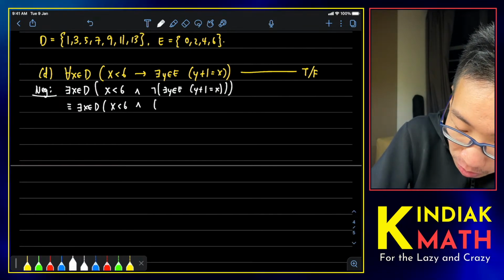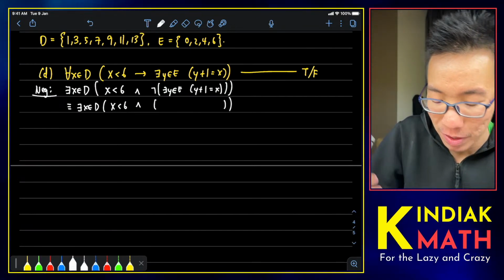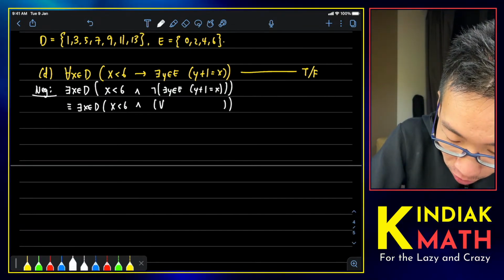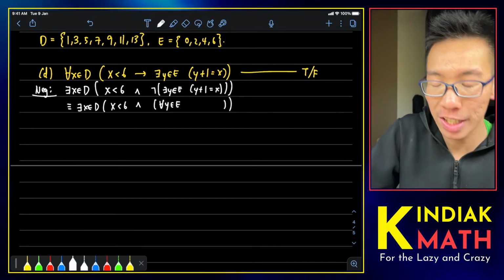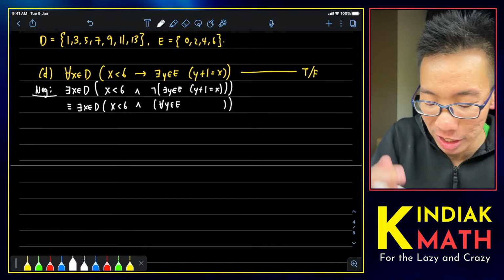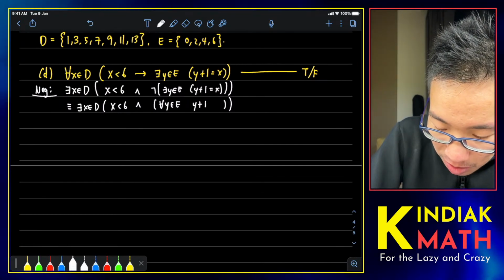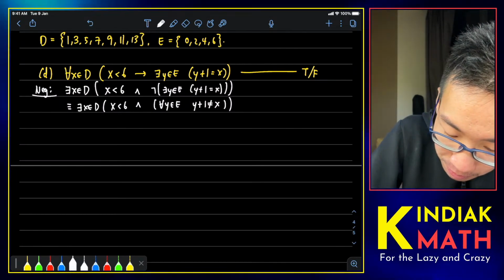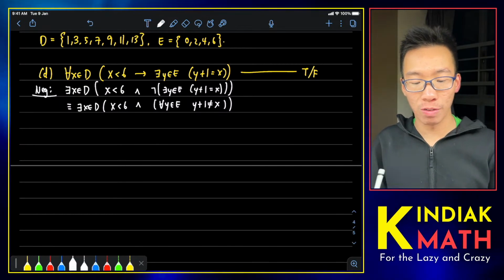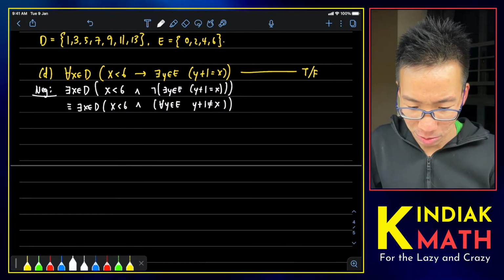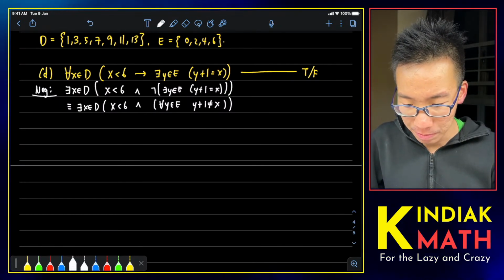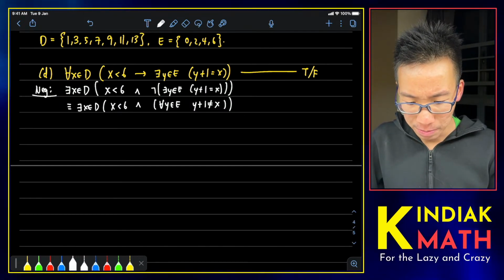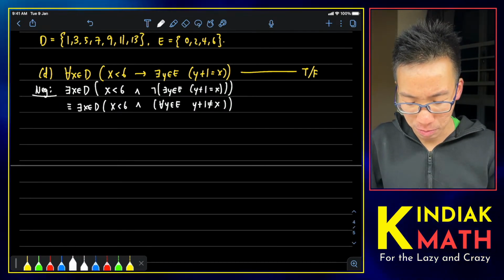So the negation of there exists becomes for all, and the negation of an equals becomes not equals. So that's the negation over there. And we need to check, is this statement true or false?